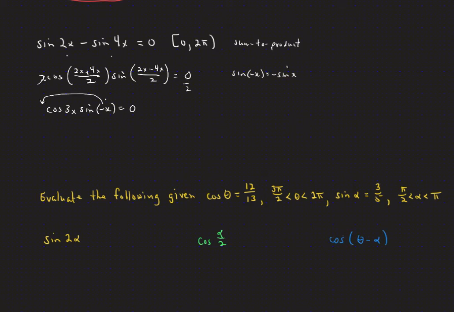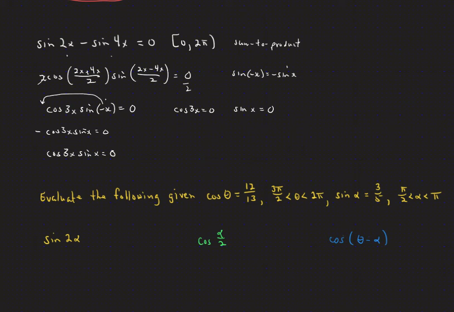So we can pass that negative sign all the way out in front, and then we can actually just divide it since it's equal to 0. So after all of that, we're looking at cosine 3x times sine x equals 0. So either cosine 3x is equal to 0 or the sine of x is equal to 0.